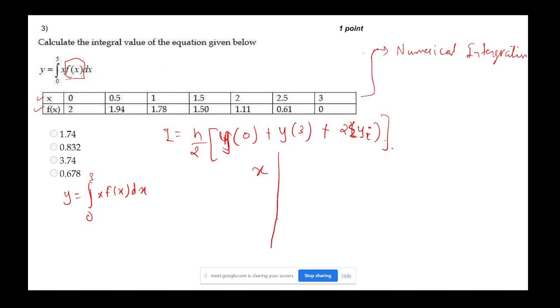For all the values of x and f(x), you need to find x into f(x). So let's make that table.